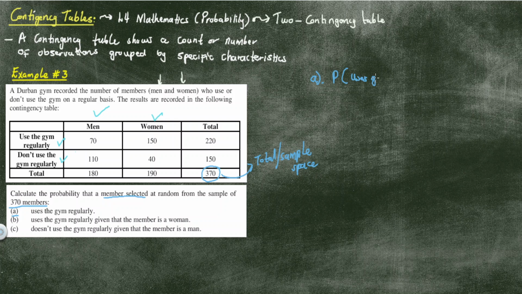Why 70 over 180? Let's correct that. I think it is 150 over 370.